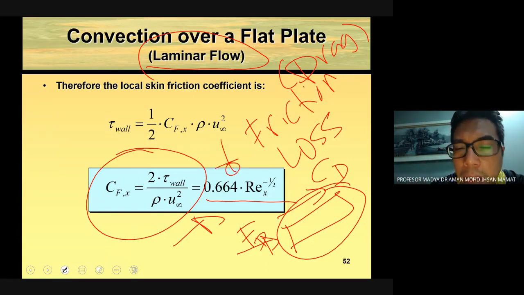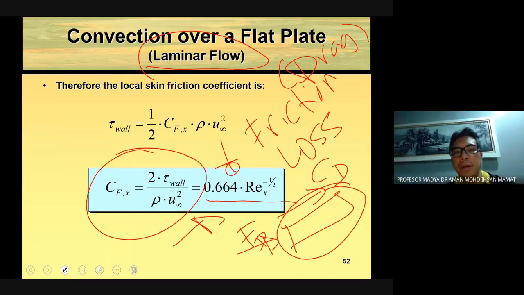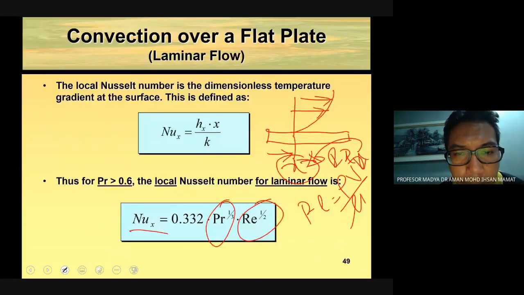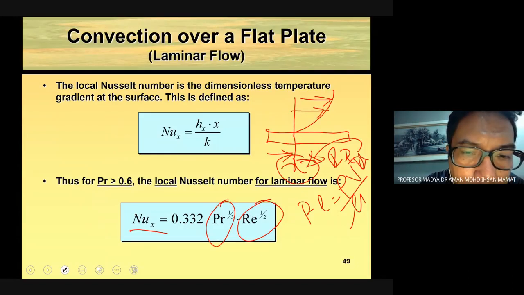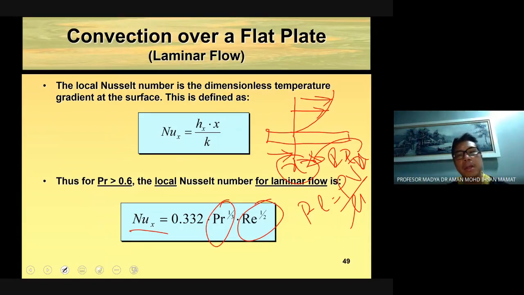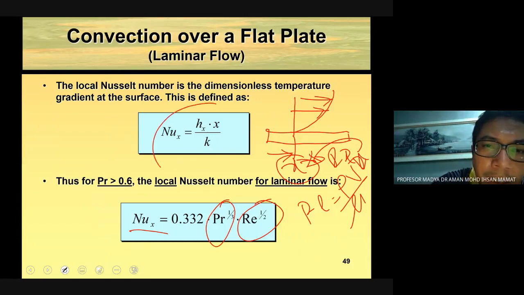Okay, meaning if we have the value for the drag force, we can measure the drag force, we can correlate back with CF, then we can know what the correlation for this one will be. Okay, the Nusselt number again. Because the Reynolds number will recorrelate back with this one, which is the Nusselt number. So from the Nusselt number, we can get back the value for this one.